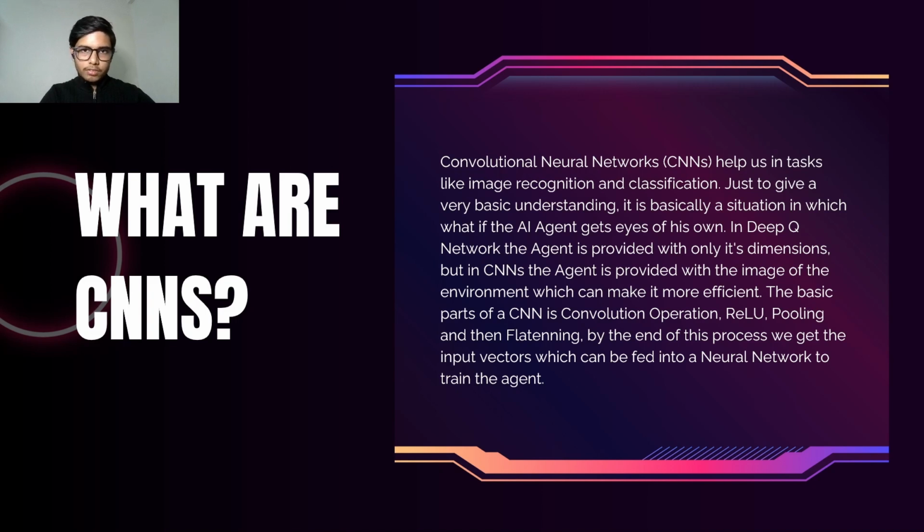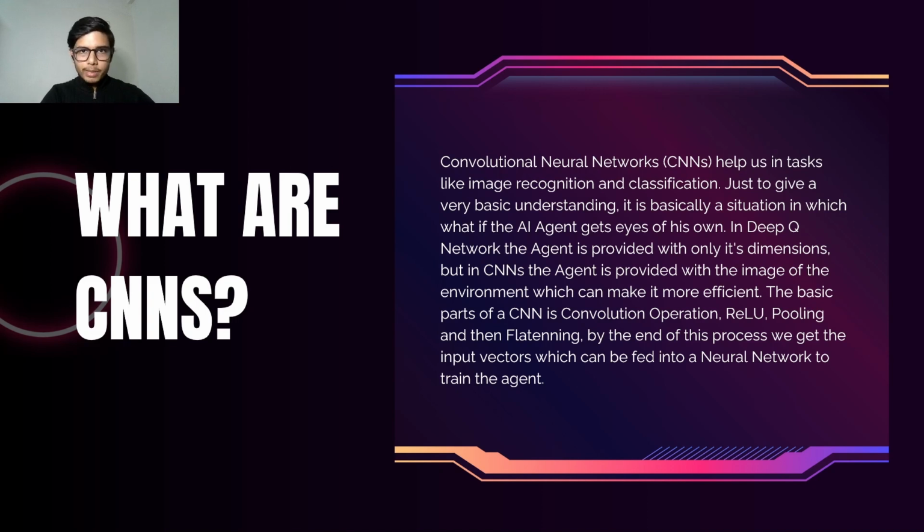For example, if you post an image into ChatGPT and tell it to identify all the objects in that image, that's where the role of CNN comes in. So if there's any task related to image recognition, image classification, or any visual stuff, CNNs are the things which help us the most.